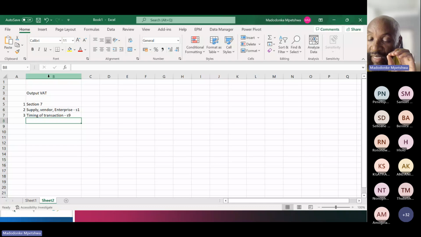Over and above the earlier of payment or invoice, there are other specific transactions that are dealt with under section 9 that look at the timing, and they look at the timing differently to how section 9 subsection 1 looks at the timing. Yeah, no, it was just to illustrate the point around the timing of transactions.